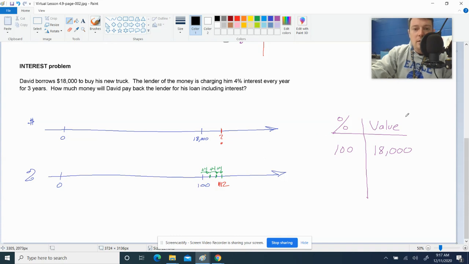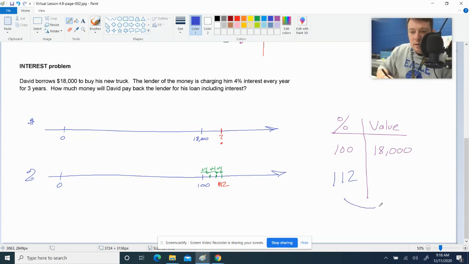So we're not going to deal with this problem as 4% extra. We're going to deal with this problem as 12% extra. So think of this as 112%. Okay. And to find our constant of proportionality, I'm going to do 18,000 divided by 100. I don't need my calculator for that because that's just 2 decimal moves to the left. Boom, boom.